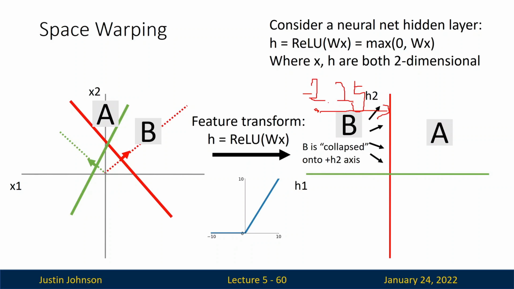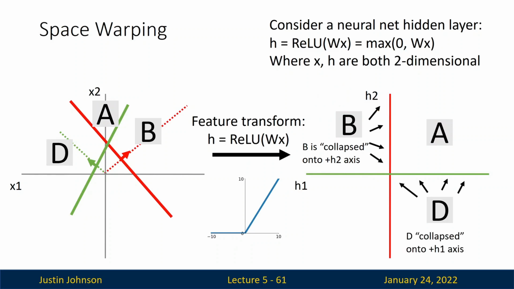Again, for region D, all of the values here will be moved to here on the axis. For region C, all of the points will be moved to the origin, because either the H1 axis or the H2 axis values are less than 0. So all of them move to the origin.